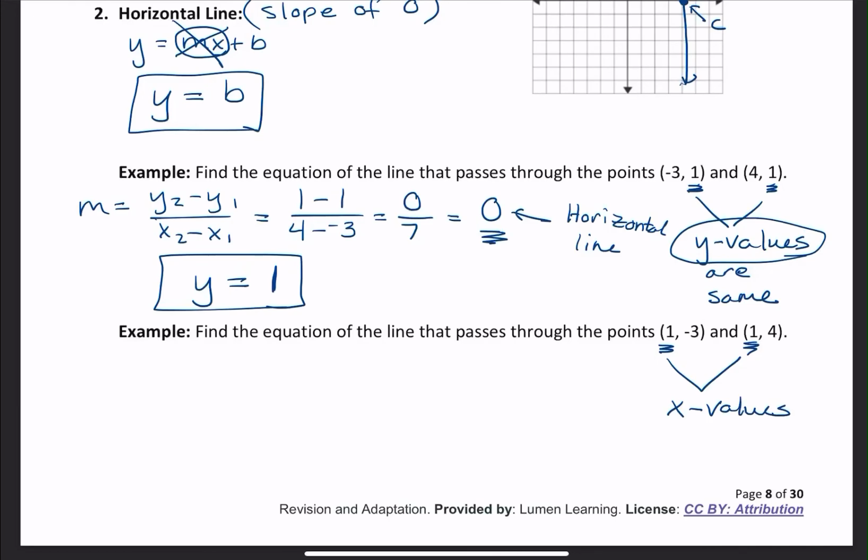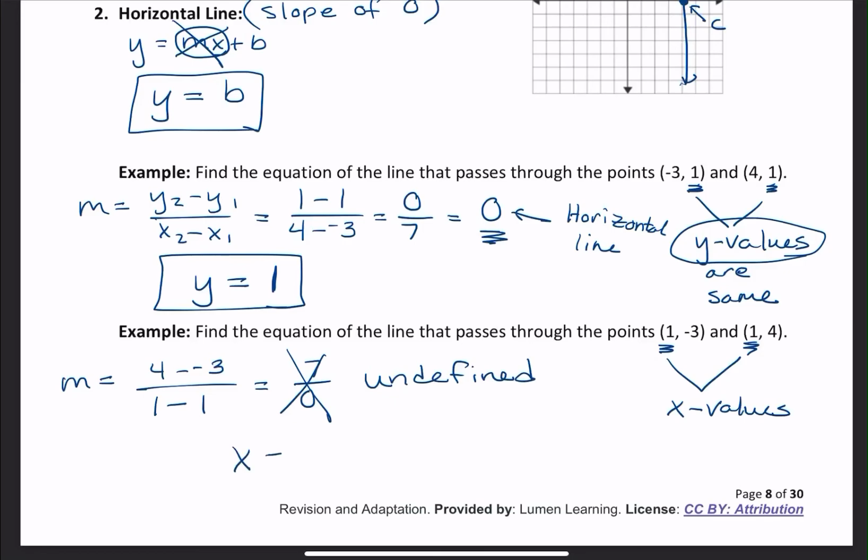So when you go to find slope here, you're going to have 4 minus a negative 3 on top and a 1 minus 1 on the bottom. So we've got 7 over 0. Well, that's not possible, so our slope is undefined. So here you're going to have x equals whatever your x values are, because you've got a vertical line.